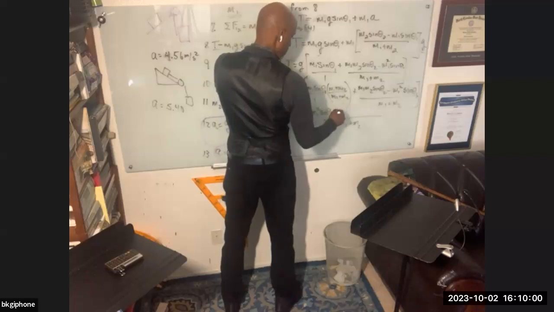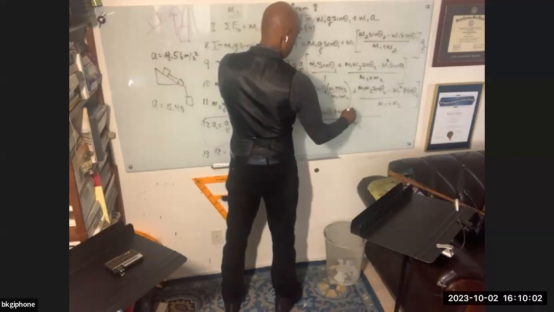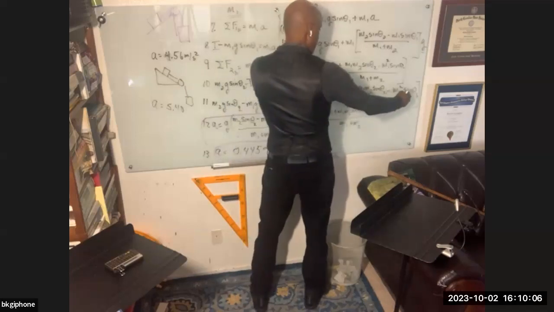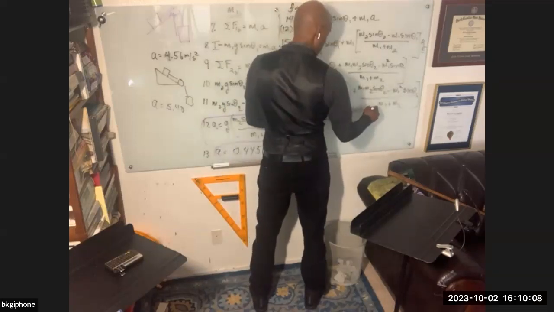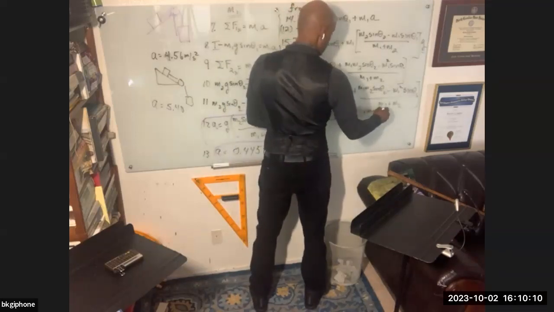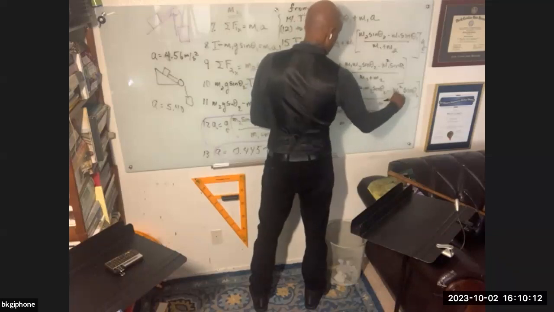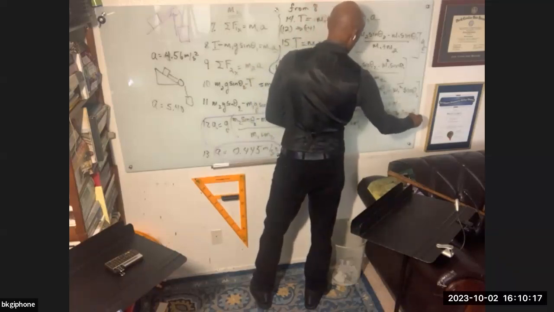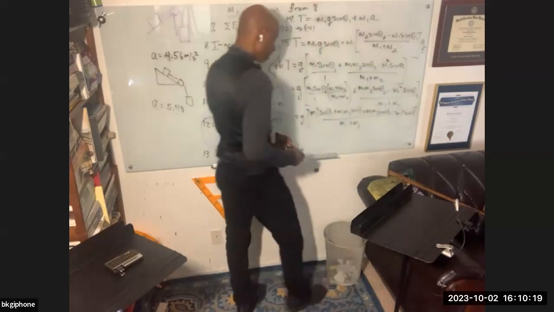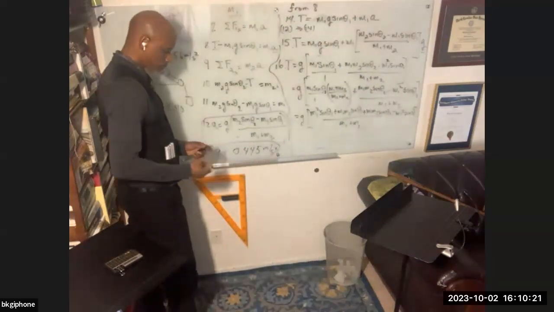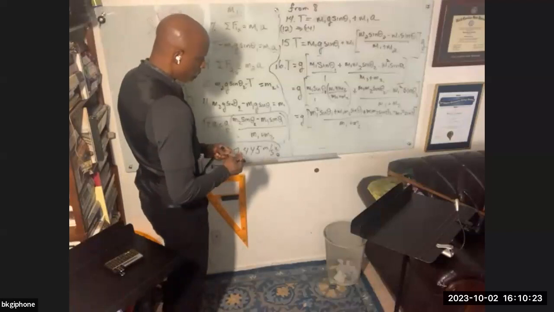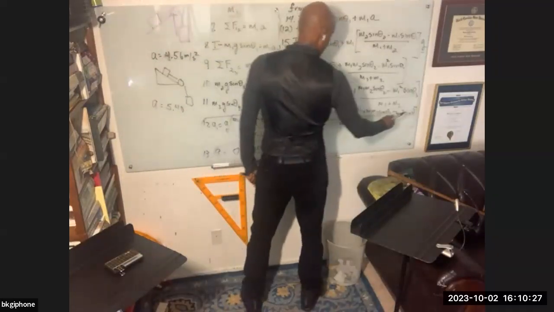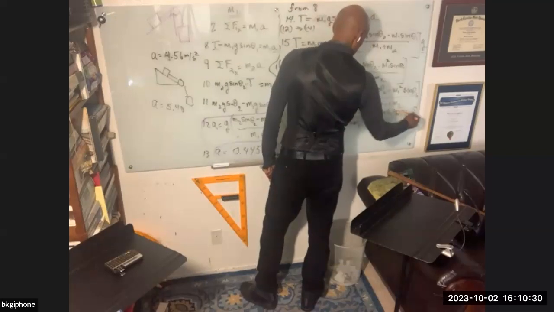M2 times M1 is plus M1 M2 sine theta 1. I still have these 2 terms, plus M1 M2 sine theta 2, and a minus M1 squared sine theta 1. M1 squared sine theta 1 minus M1 squared sine theta 1, that's out.